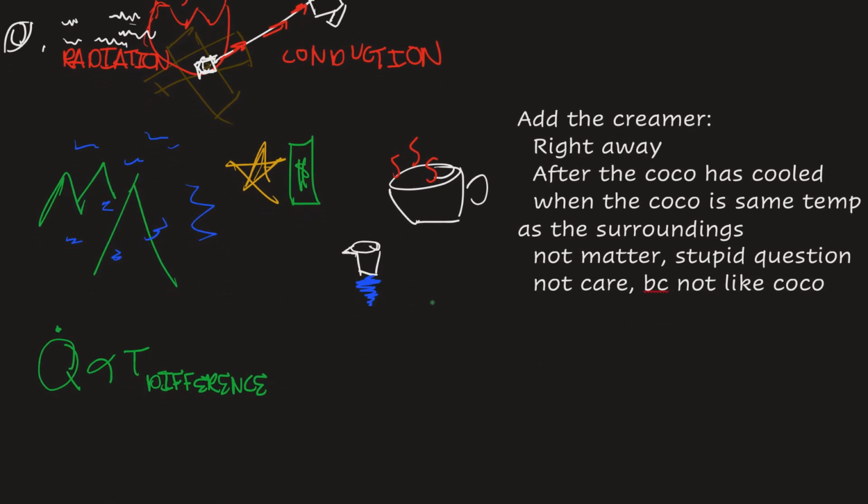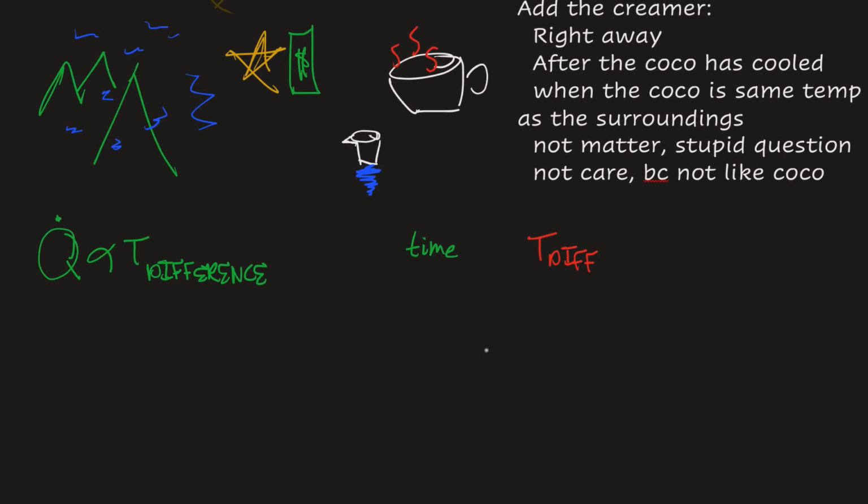So at the very beginning, as soon as you get that hot cocoa, the temperature difference is very high. So we'll write time right here, and we'll have the temperature difference at the very beginning. This is very high because you just got that hot cocoa, and it's very hot in reference to the surroundings.